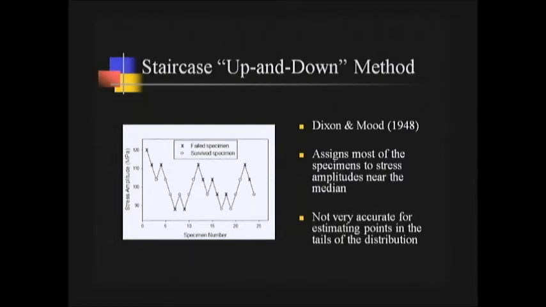And it was originally designed by statisticians Dixon and Mood to determine the LD50, the lethal dose of insecticide or poison to kill any species of animal, to a 50% probability that each animal will be killed by the poison. And it's very good for that. It's not so good for determining the reliability.